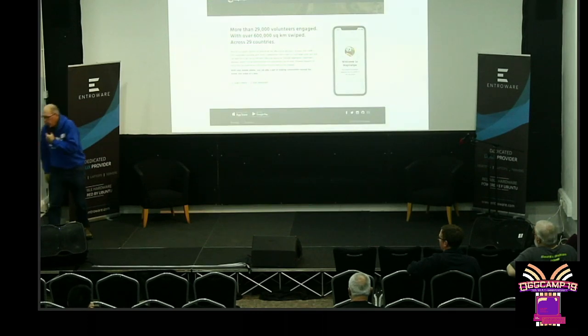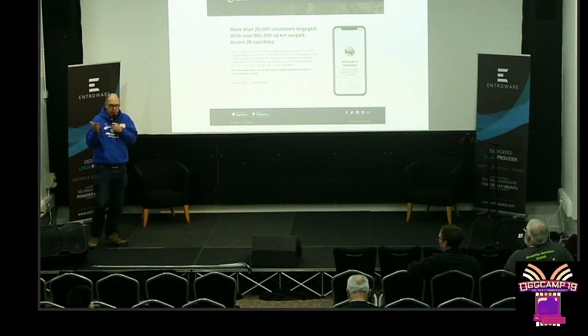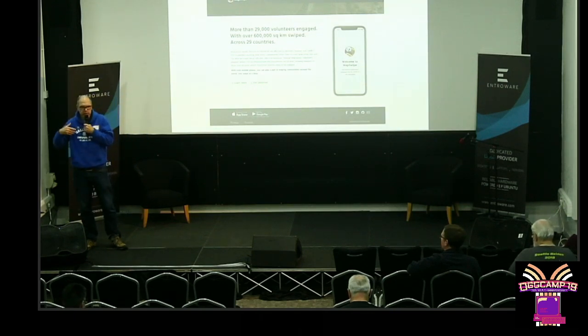I also want to quickly mention MapSwipe. MapSwipe is a quick way in which you can get involved, and all you're doing is looking for buildings or looking for roads in aerial maps.